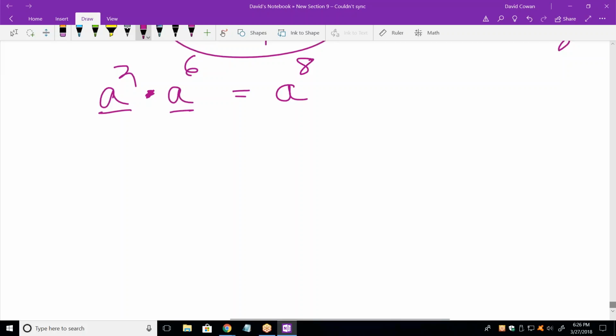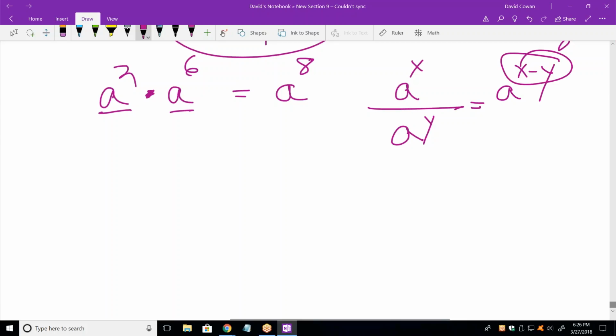If I have a to the x divided by a to the y, then you subtract them. You don't divide the exponents. Notice you never do the same thing to the exponents that you're doing to the base.